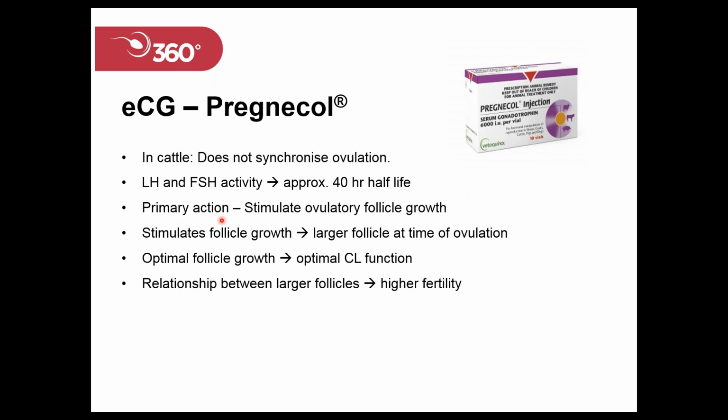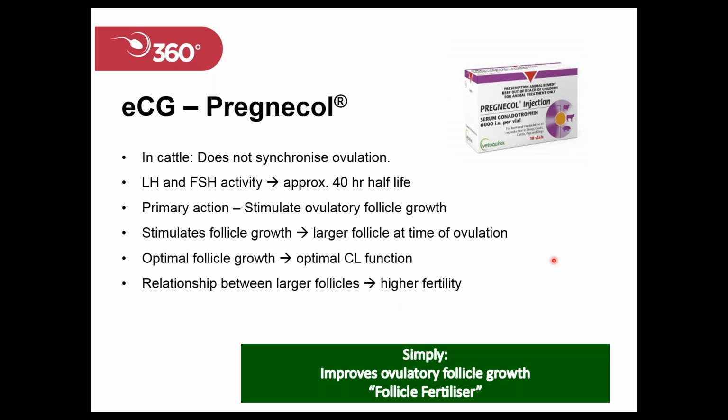Now the primary action of Pregnicol is to stimulate ovulatory follicle growth. Now if we stimulate follicle growth, we expect to have a larger follicle at the time of ovulation. Optimal follicle growth will result in optimal CL function. And we do know from some field trials that there is a relationship between larger follicles and higher fertility.